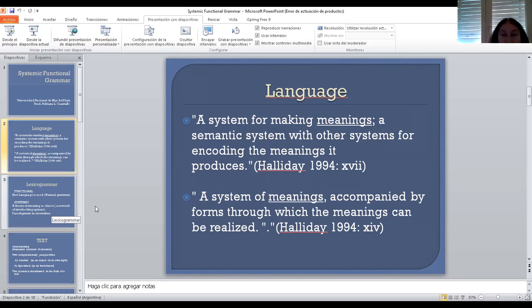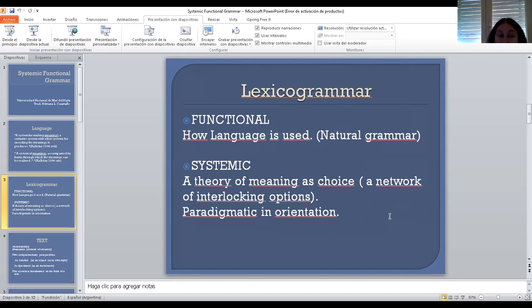In fact, in his Introduction to Functional Grammar, he explains why he's using the word grammar, but in fact he means lexicogrammar. He thinks of lexis and grammar as the opposite ends of a continuum. He says grammar is functional because it studies how language is used to perform its functions.